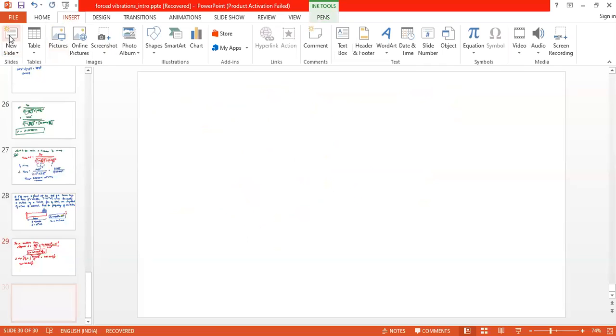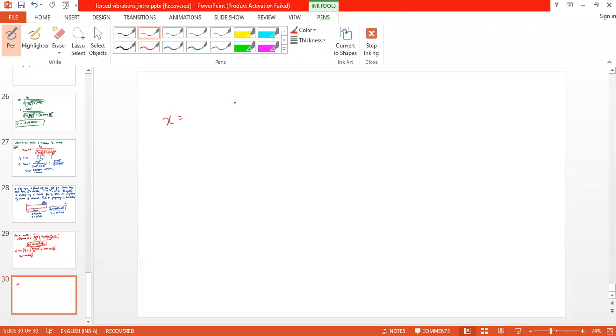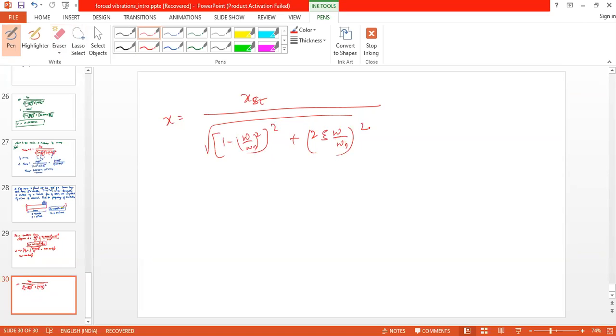And what is the expression for x? X is equal to x st divided by the root of the square of 1 minus omega by omega n whole square, plus 2 zeta omega by omega n whole square. Since zeta is equal to 0, this complete term is 0.